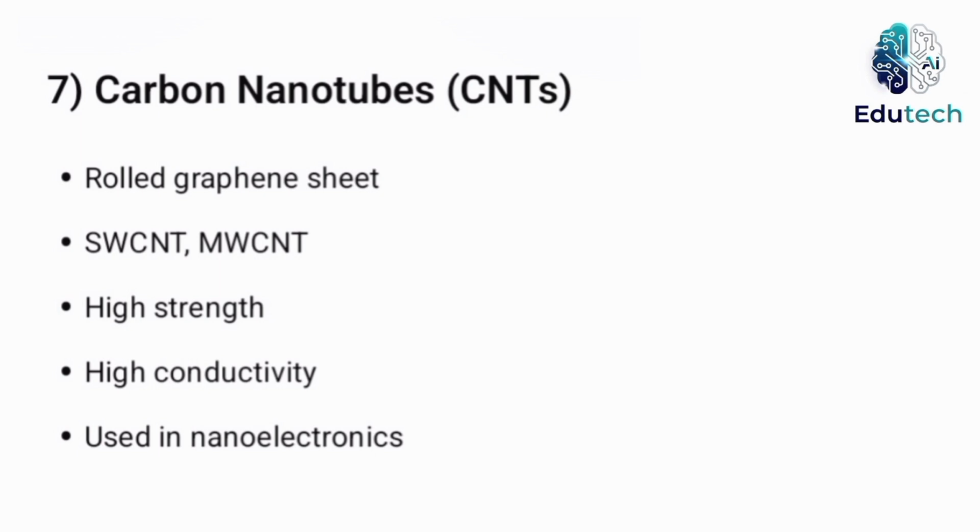Explain carbon nanotubes, structure, properties, and applications. Carbon nanotubes (CNTs) are cylindrical nanostructures formed by rolling graphene sheets. They are of two types: single-walled CNT and multi-walled CNT. CNTs possess extraordinary mechanical strength, high electrical conductivity, and excellent thermal stability due to strong carbon-carbon bonding.